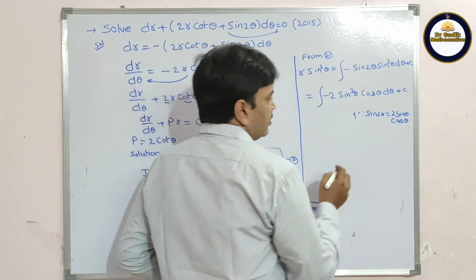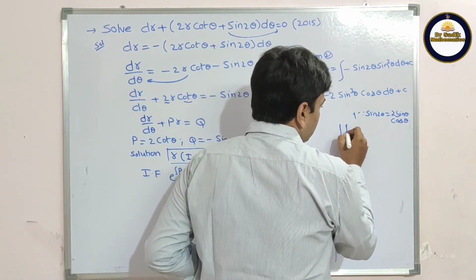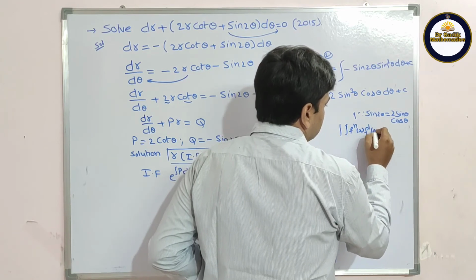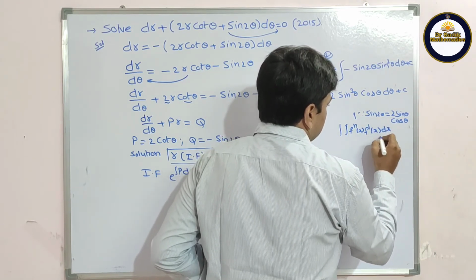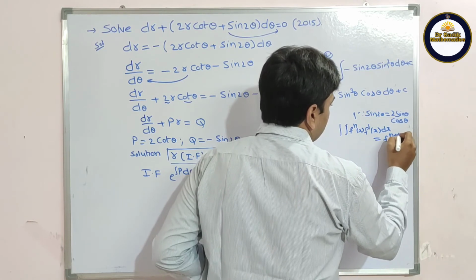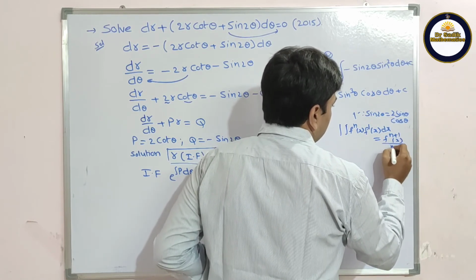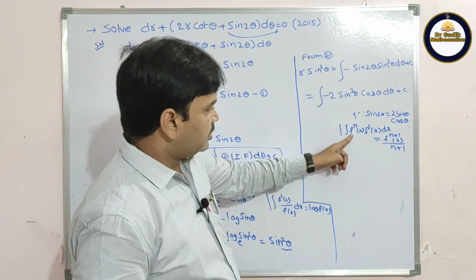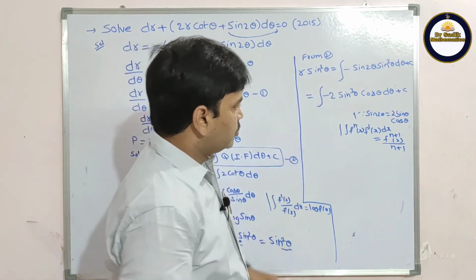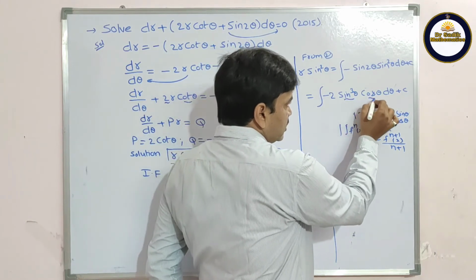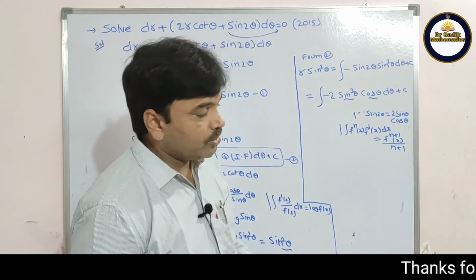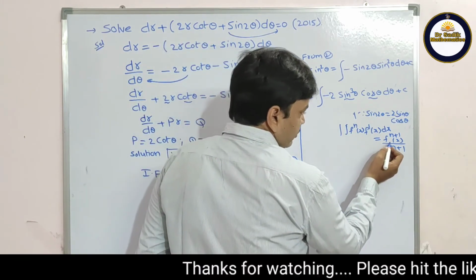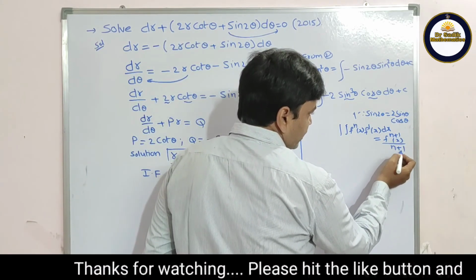Now again we have a formula, friends. What is the formula? Integral of f power n of x into f dash of x dx is equal to f power n plus 1 of x by n plus 1. Now compare these two, friends. It is like f power n of x, and sin theta derivative is cos theta. So what is the result, friends? F power n plus 1 by n plus 1.